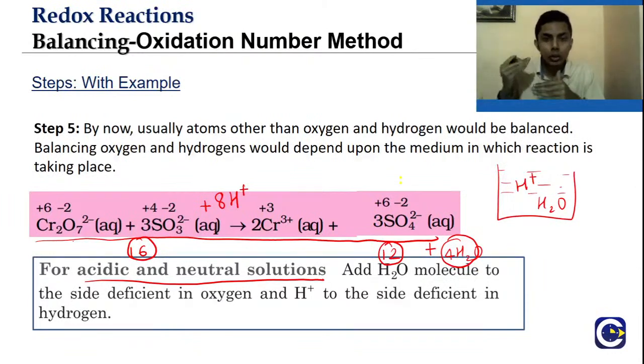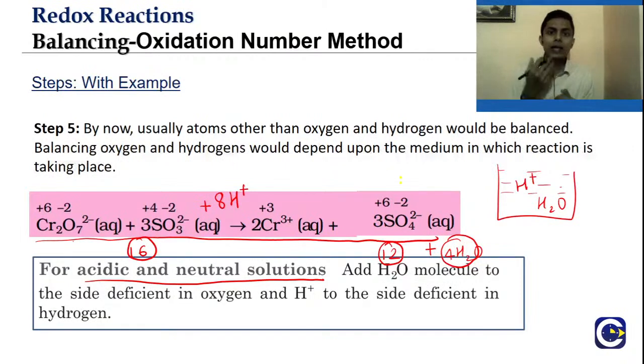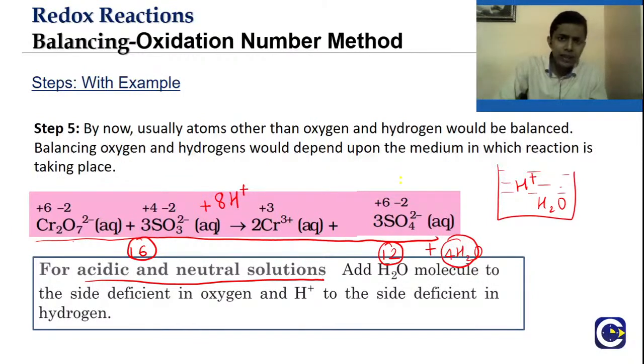For acidic and neutral solution, we balance oxygen in the beginning by adding water wherever oxygen is less. How many moles it is less, we add that many moles of water. And to the other side, wherever hydrogen is lacking, I balance it by adding H plus, however much is needed. Clear? This is how I solve when it is acidic solution.